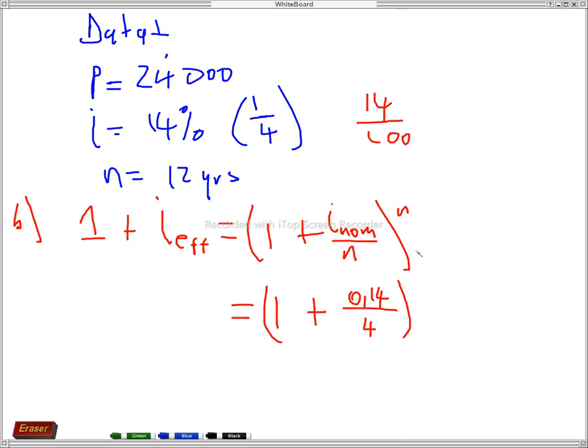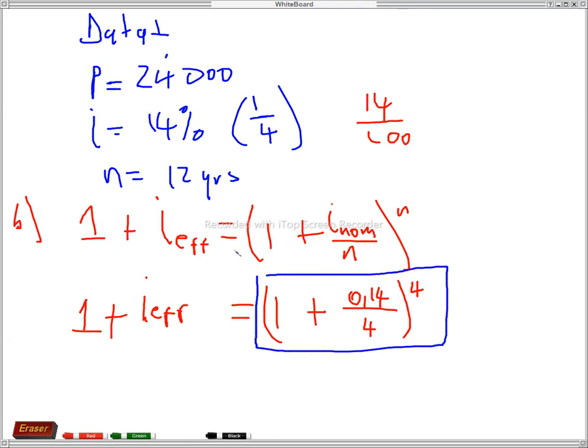So it's easy to do this, guys. We substitute our 4 since it's quarterly, and then it's 1 plus the i effective. Like the first example that I presented, you punch this on your calculator, and then you're just going to transpose this 1 to the right hand side of the equal sign.